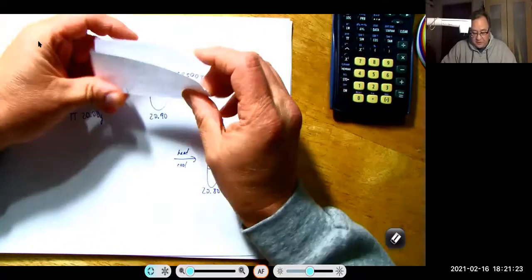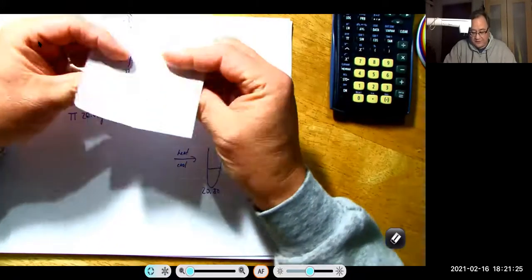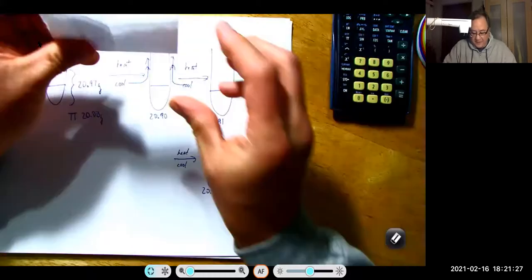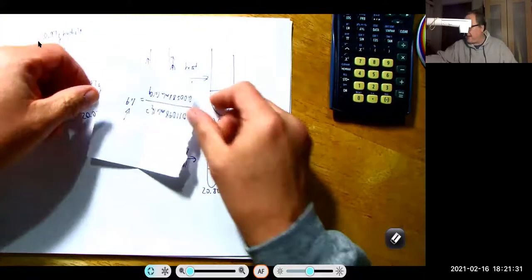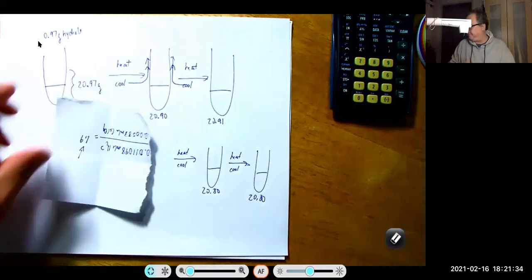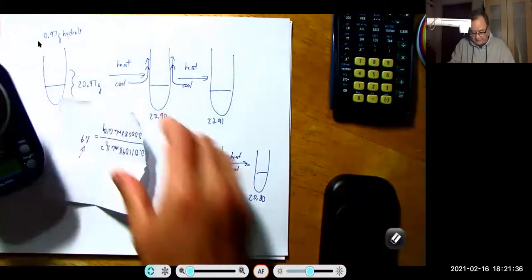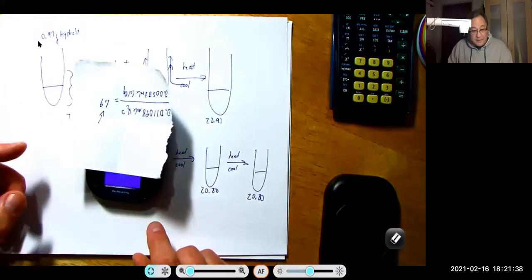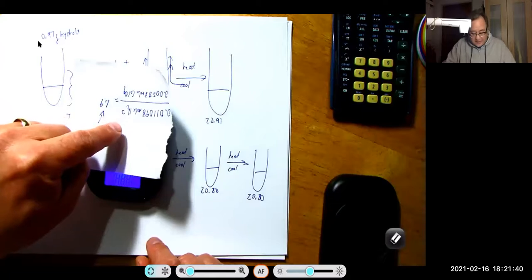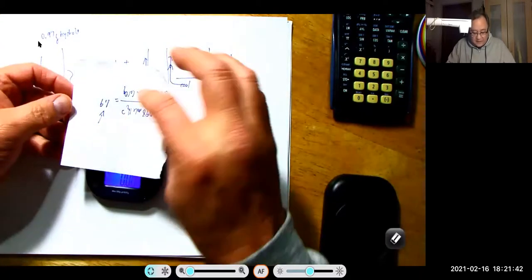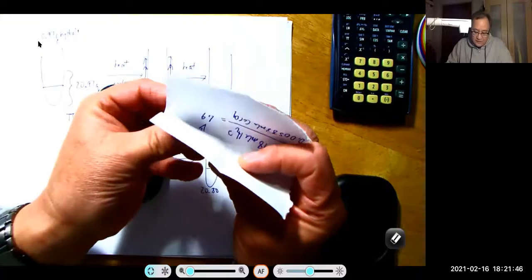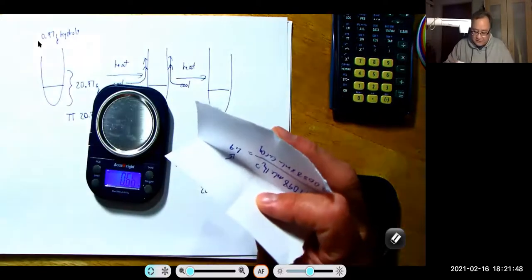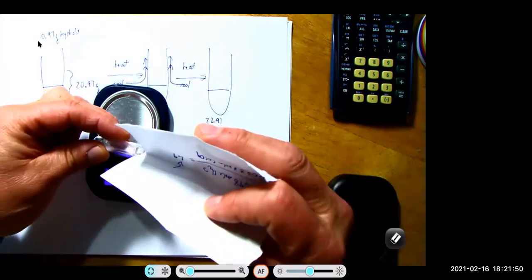Piece of paper that's folded twice, and you put this on your balance. You put the powder in here. And then once you weigh the powder, you take this and you make it like a little funnel and you pour that into your test tube. Oh, okay.